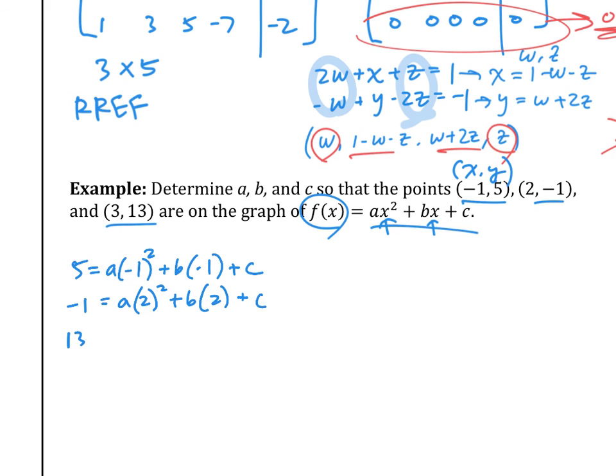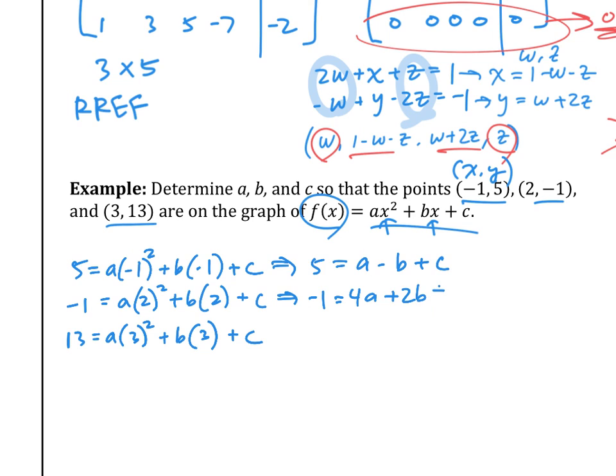And then the third one is 13 equals a times 3 squared plus b times 3 plus c. And so if you simplify this, you get 5 equals a minus b plus c. The second one is -1 equals 4a plus 2b plus c. The third one is 13 equals 9a plus 3b plus c.